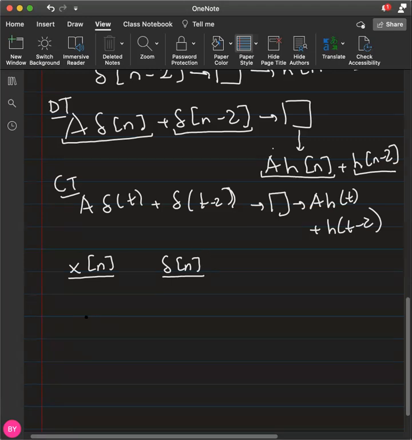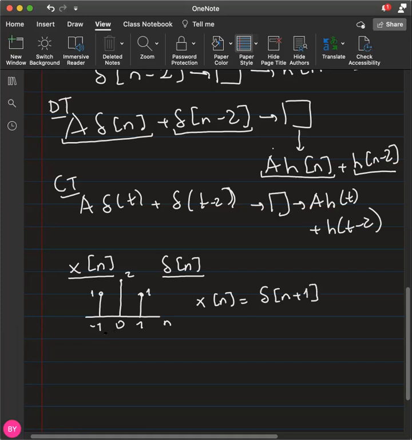What does that mean? If my x of n is this, for example, this is -1, 0, 1, and this is my x of n, this is 1, this is 2, this is 1. How can I represent this using Dirac ends? X of n is equal to Dirac n plus 1.